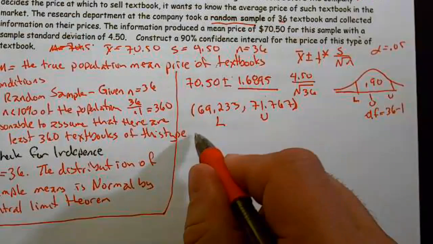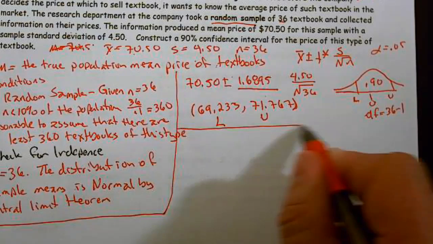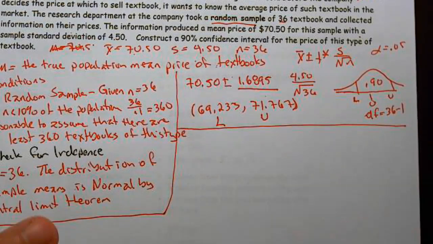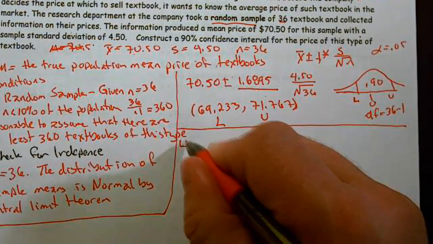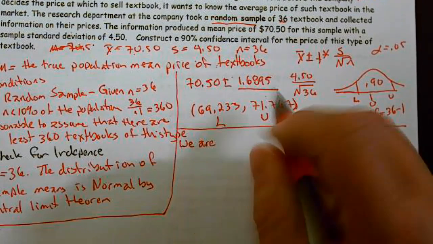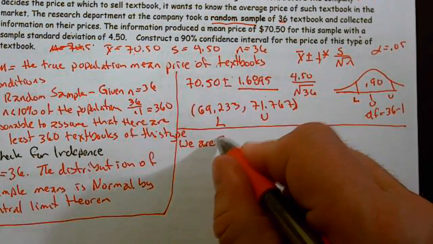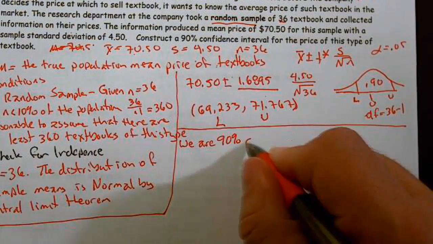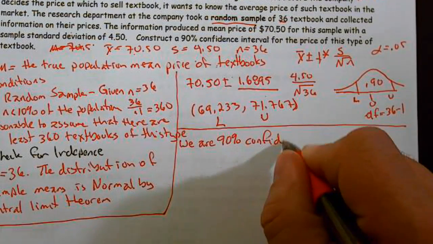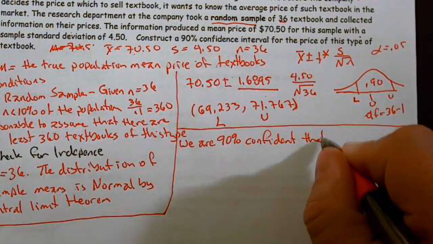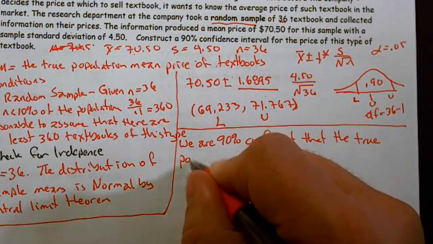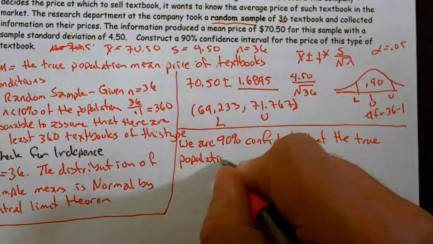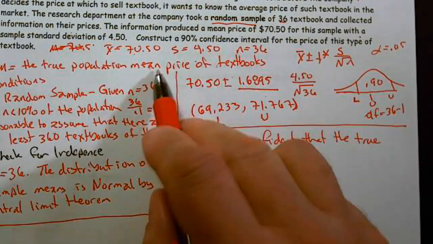So the next thing we need to do is write the conclusion, and whether they ask for it or not, you always have to write the conclusion. There's a sentence at the bottom, and follow that. It says, our confidence level was 90%, 90% confident that the true population mean, and what did we write?